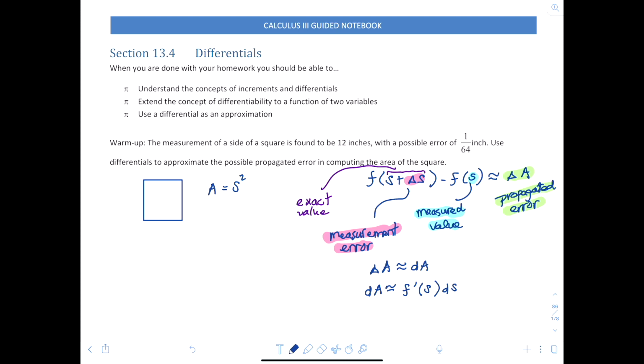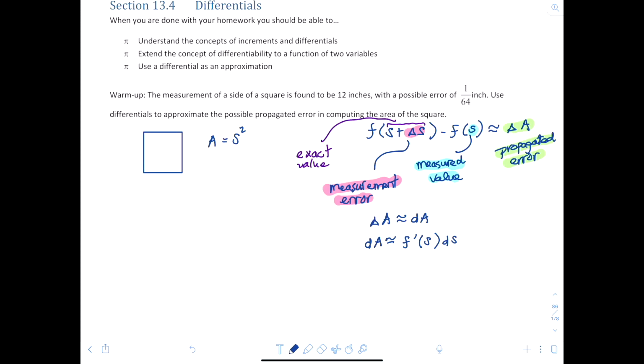So I'm using the notation that we've got here. Our f of s is equal to s squared, and so our dA will be approximately f prime at s ds. Cool so far? So continuing, we will get dA will be 2s ds. Good so far?